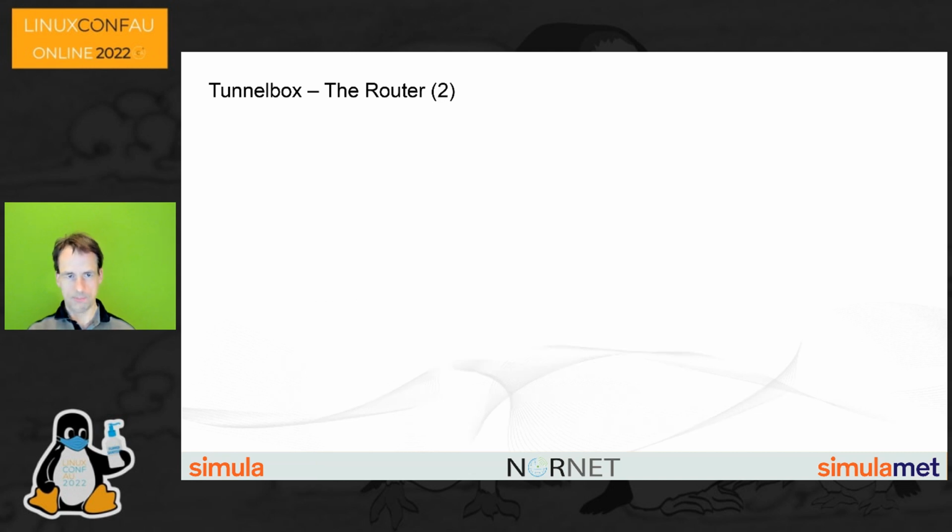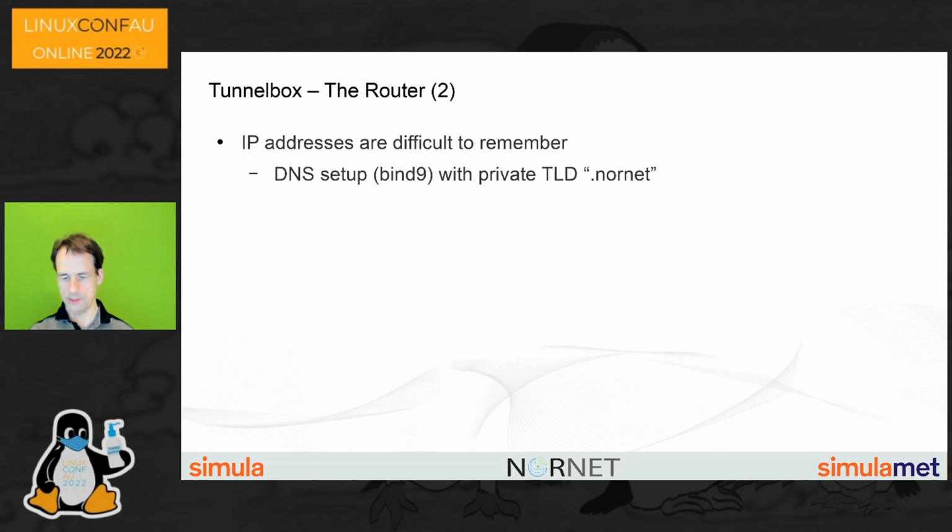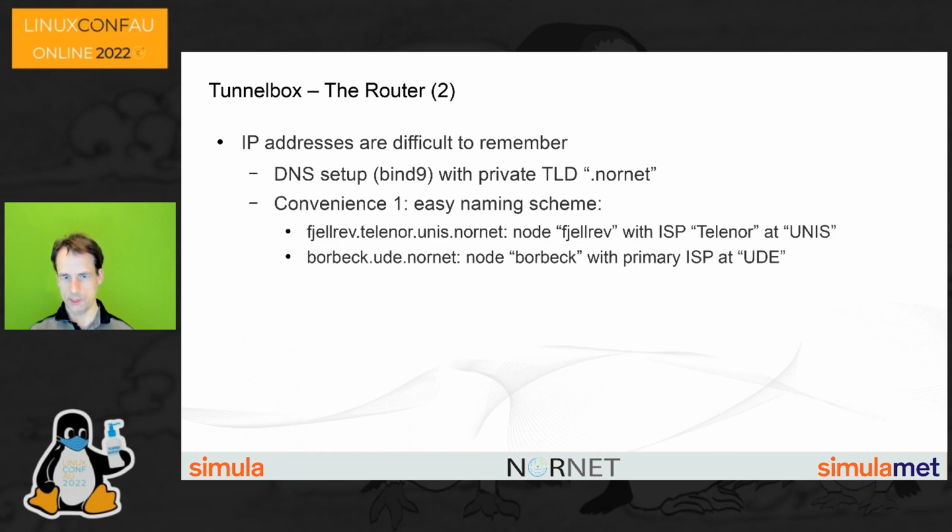Well, now we have the router for doing the routing, but although we have a quite systematic IP addressing scheme, it's sometimes difficult to remember all these IP addresses. We have also made our own DNS setup using a BIND DNS server, so we can name our devices with provider and site names.